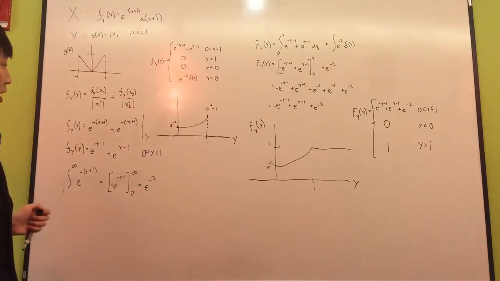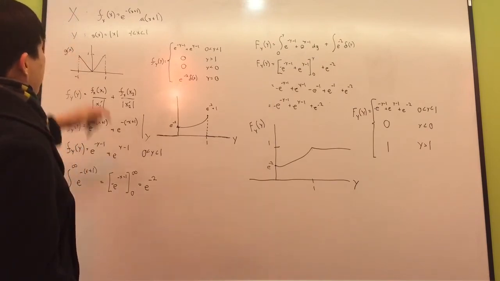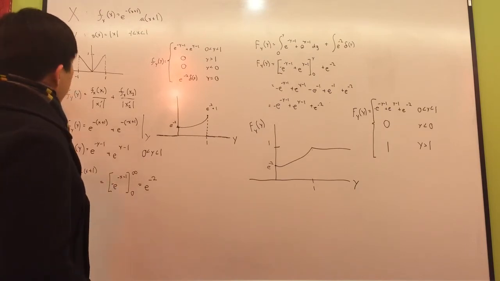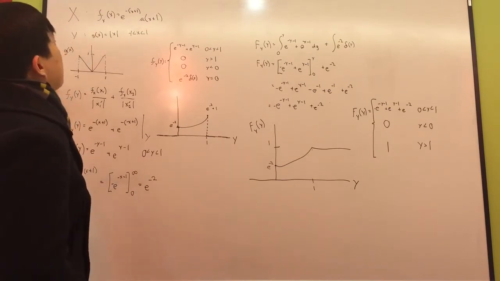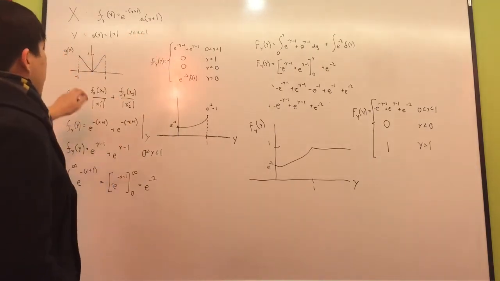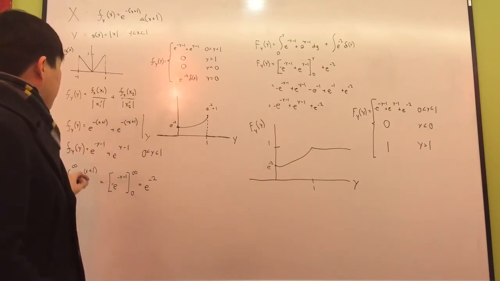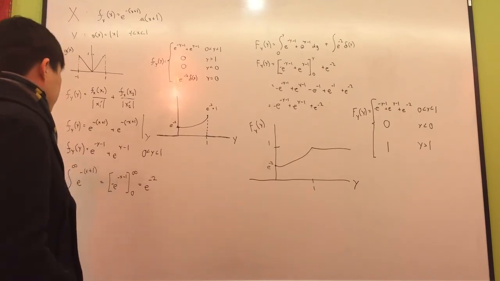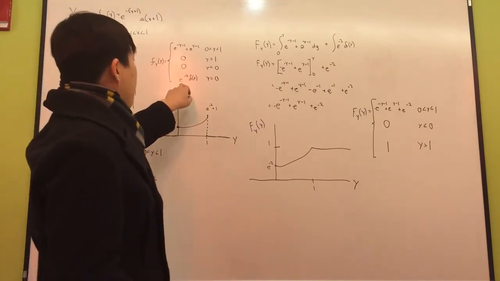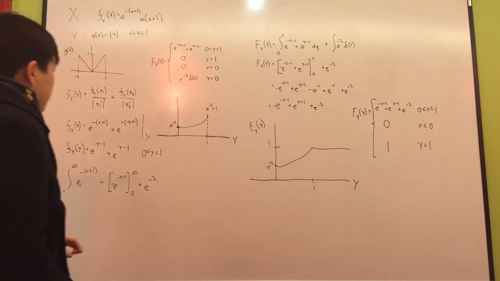So to find the impulse, we have to take the integral of f of x from negative 1 to negative infinity. But this function does not exist from negative 1 to negative infinity because of the unit step function. So we simply take the integral from 1 to positive infinity of e to the negative quantity x plus 1. When we take the integral of that, we get e to the negative 2. So at y equals 0 we have an impulse function of area e to the negative 2.